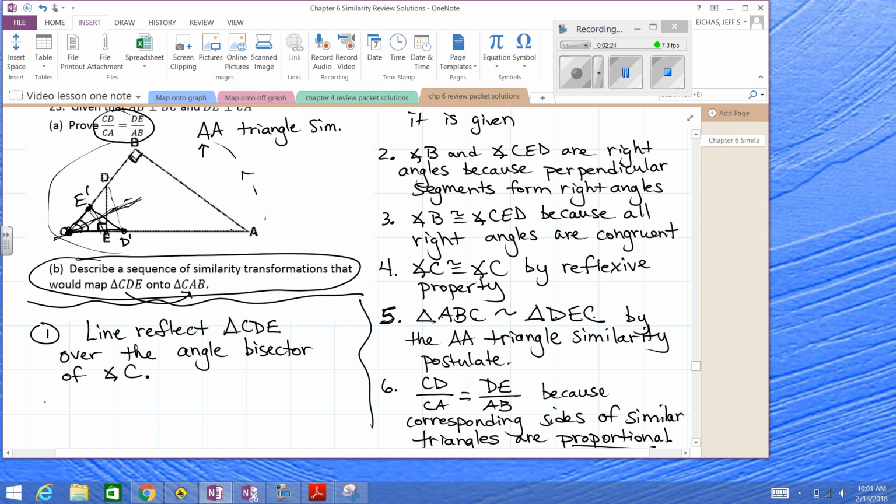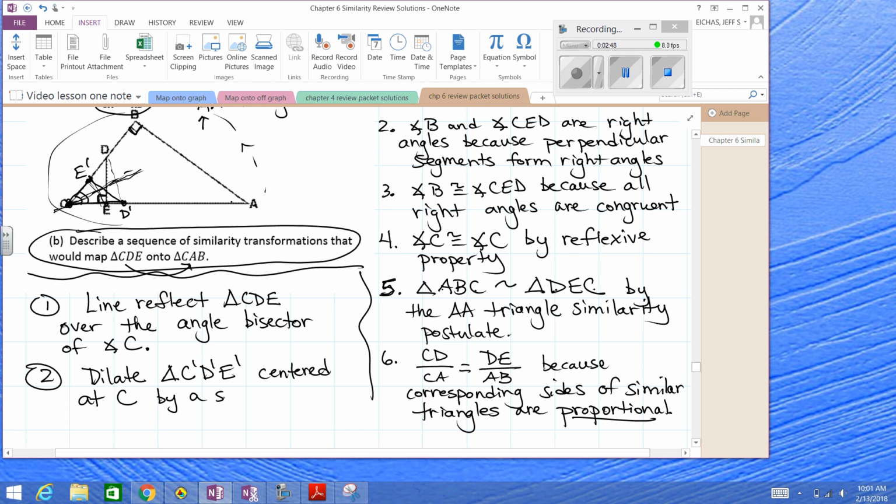So the fact that C, E prime, and B are all on the same line is going to help our dilation a lot. So now we're going to dilate triangle C prime, D prime, E prime, centered at C by a scale factor of, now you could probably get away with saying a scale factor that maps E prime onto B, but I'm going to take image, which is CB, over pre-image, which is C E prime.